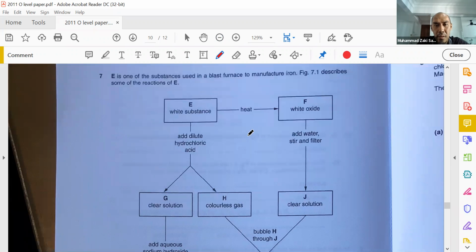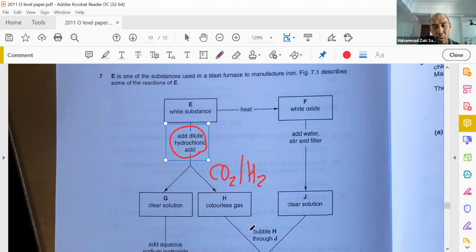What's the gas? Now this is gas. So what gas is this? What gas is produced from a reaction which involves acid? It can be 2, either carbon dioxide or hydrogen. But you need to see further, don't only look at this part.